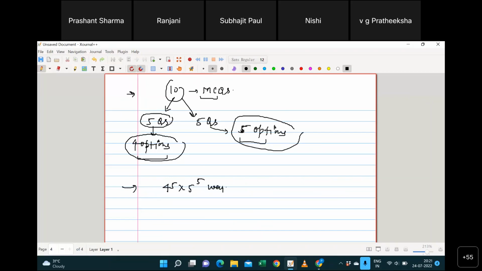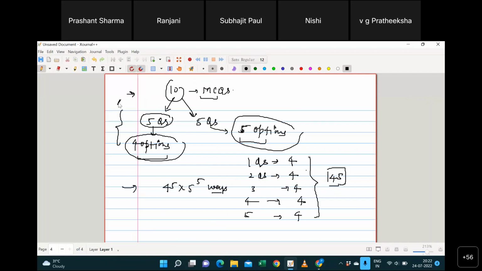Yes, because for the first question there are 4 ways to select an option. Similarly for the second question, again 4 options, and so on. So it is 4 into 4 into 4 into 4 into 4, that means 4 raised to 5. Suppose this is your event A. You have to consider B also.